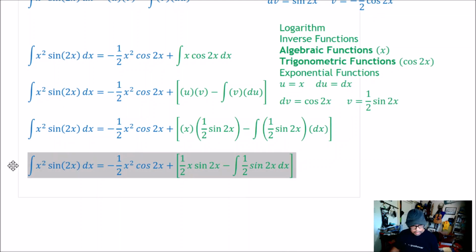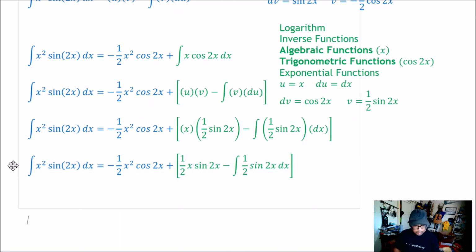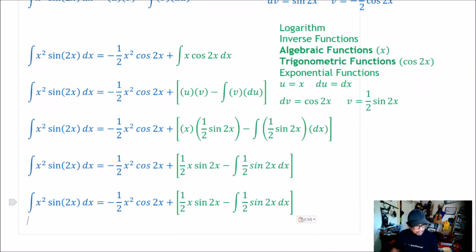And here we go again. We're going to simplify. Really, we just need to find the integral of 1/2 sine 2x. Let's see what we can do. We could take this 1/2 right here and move that outside the integral. Great.